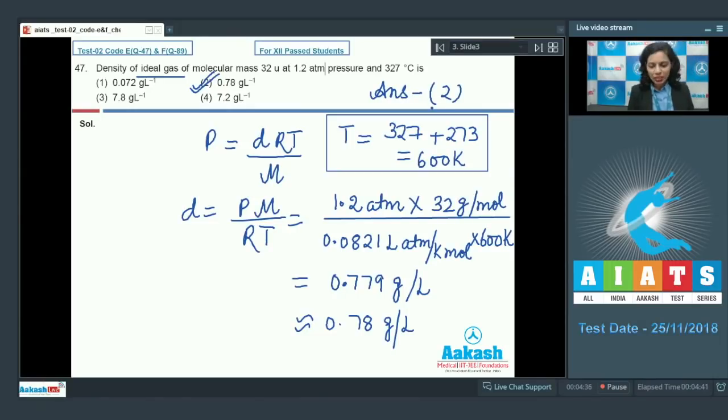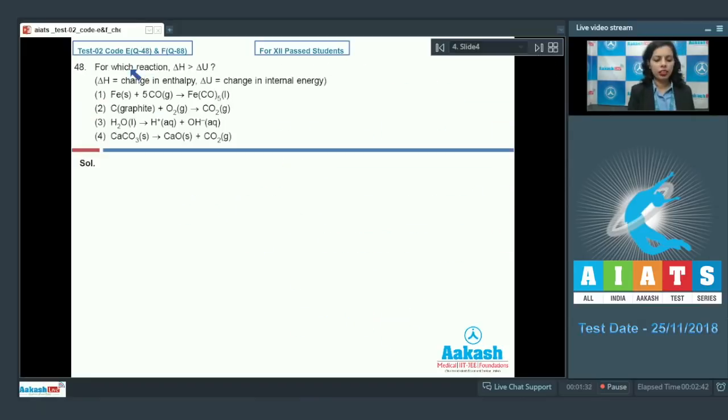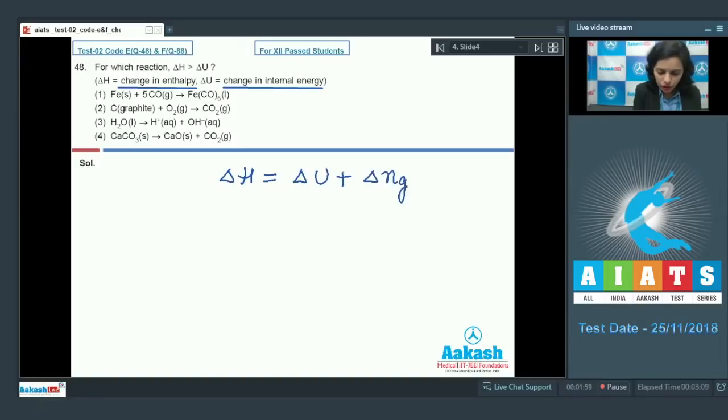Now after this, it's a turn for the next question. Now here is question number 48. For which reaction delta H is greater than delta U? In this case, one thing we should notice that delta H is change in enthalpy, that's given in the question, and delta U is change in internal energy. We have different reactions, those are given, and one thing we should always know that whenever we talk about delta H value, that is equal to delta U plus delta NG RT.